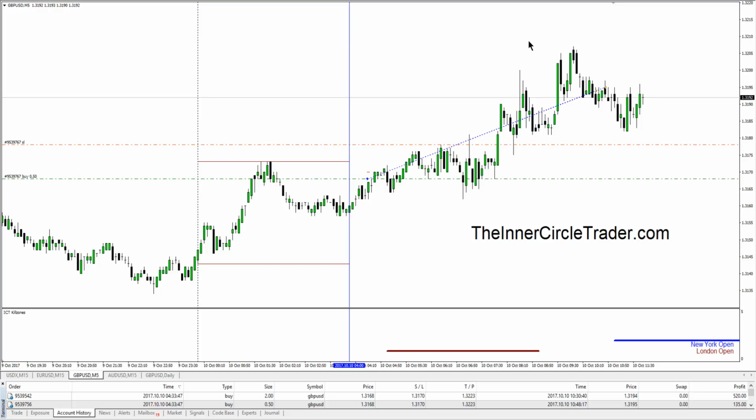But I want to talk about what leads to this entry, why I felt it was there, and also how to anticipate optimal trade entry. Like I gave you examples last night with Aussie dollar and with the euro dollar, now I'm going to give you what I saw that led to this entry here.